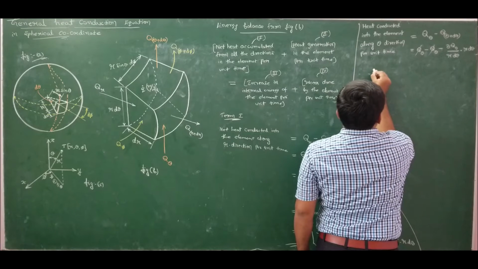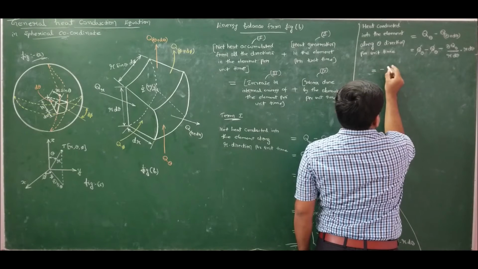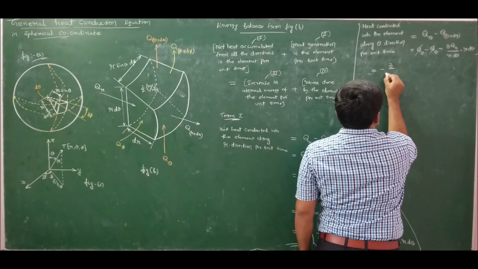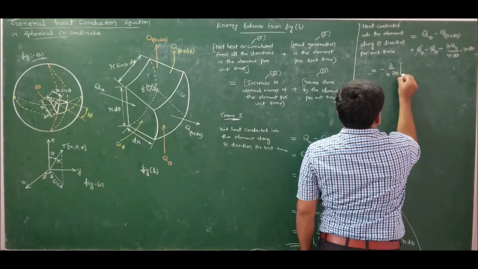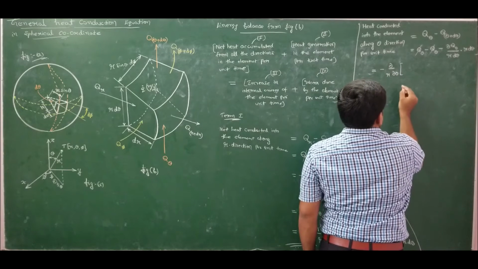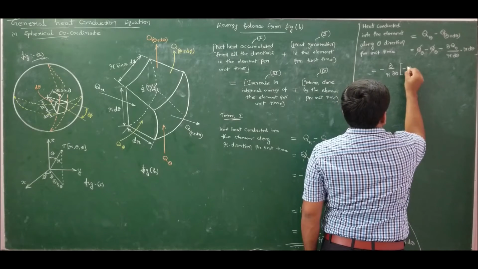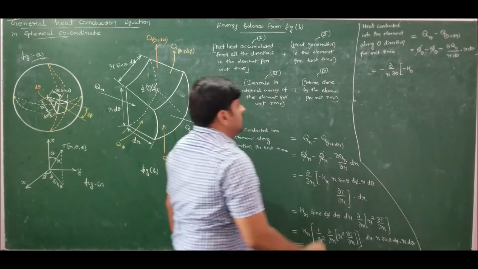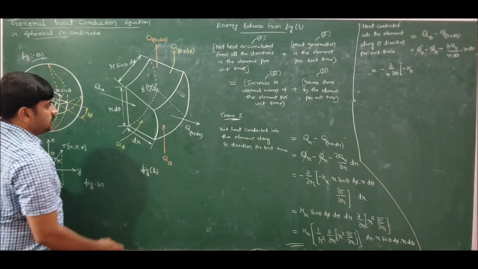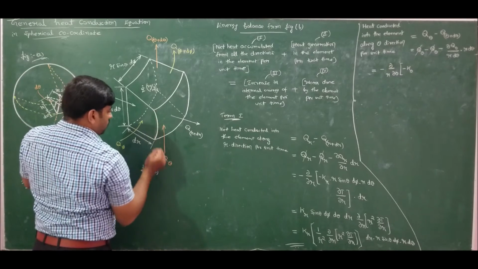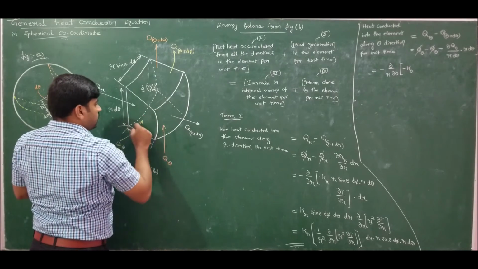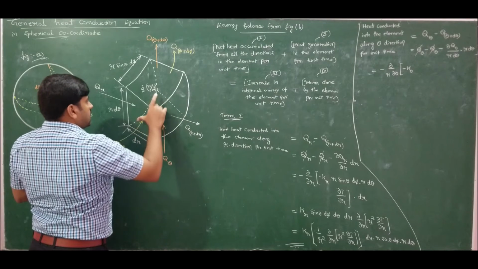So now this can be written as minus dou by r dou theta of, now you know the value of q theta, that is minus k theta times area in theta direction. Area perpendicular to the direction of heat flow in theta direction is this bottom area. The length of this bottom area is known to us.